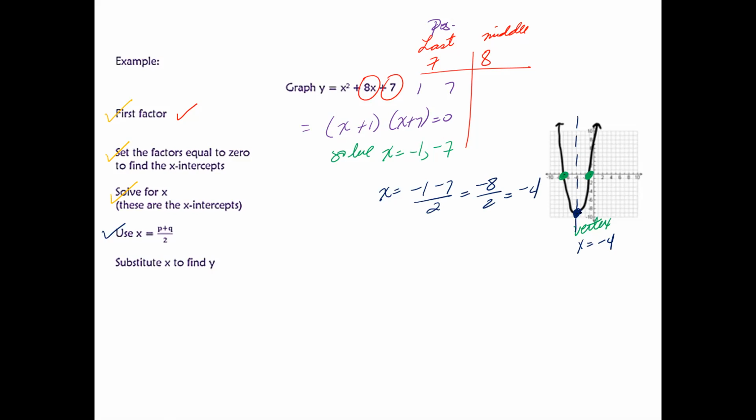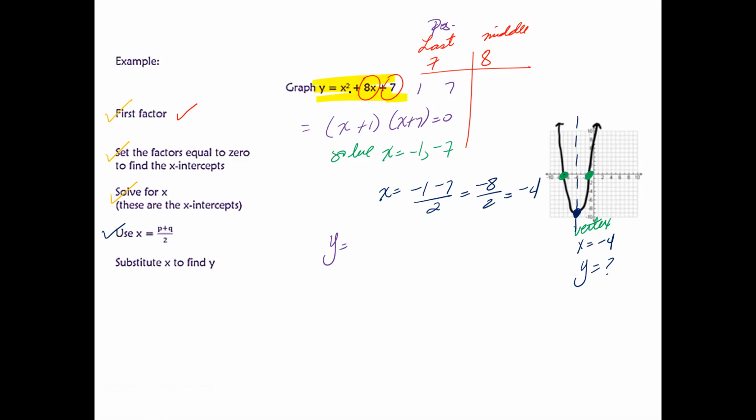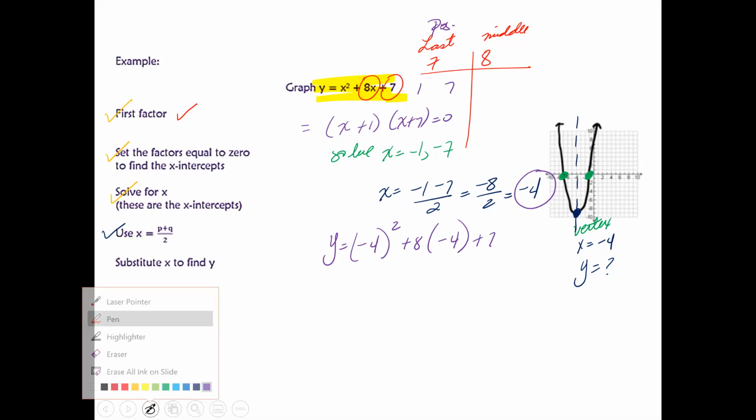But then how do I know how low it gets? What is going to be my y value? Well, you go back to this equation right here. Do you see where it says y is equal to x squared plus 8x plus 7? Your x is negative 4. So let's do negative 4 squared plus 8 times negative 4, plus 7.